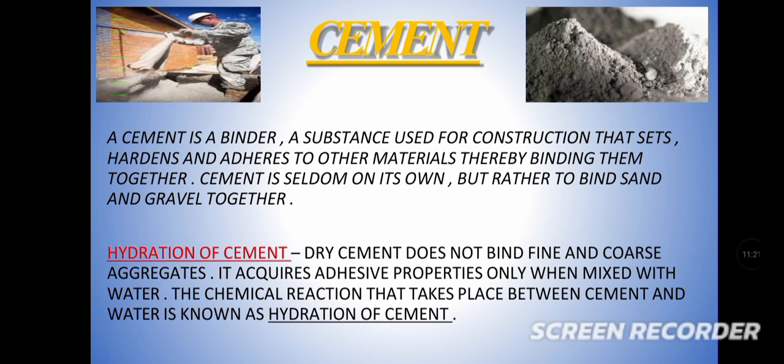Aggregates are nothing but naturally occurred stones or broken stones. Okay, that can be a piece of rock, that can be a piece of glacier, that can be a piece of mineral, anything it can be. Okay, so it is generally naturally occurred. In concrete there are artificial aggregates also, but the major type of aggregates are naturally occurred.